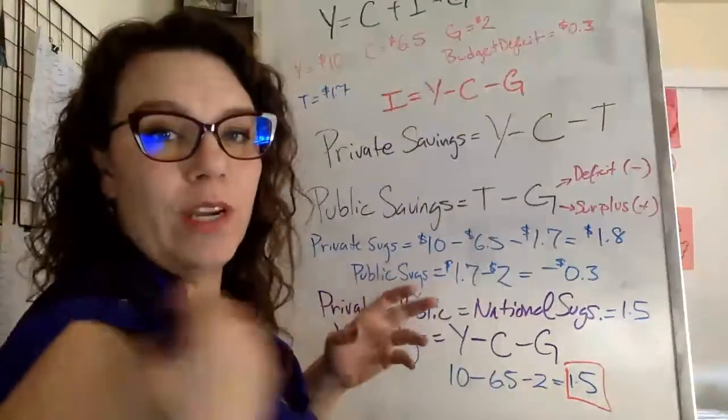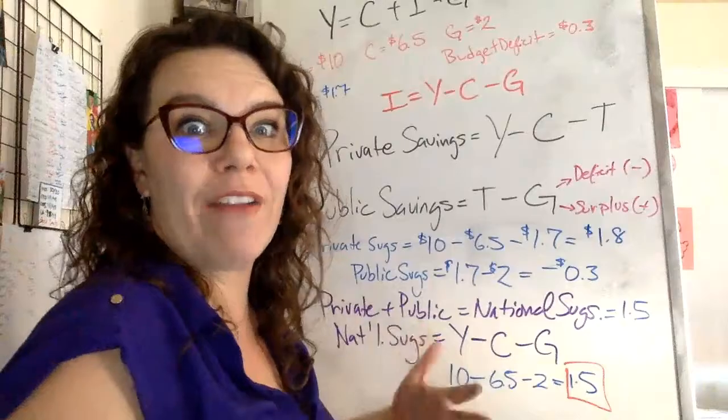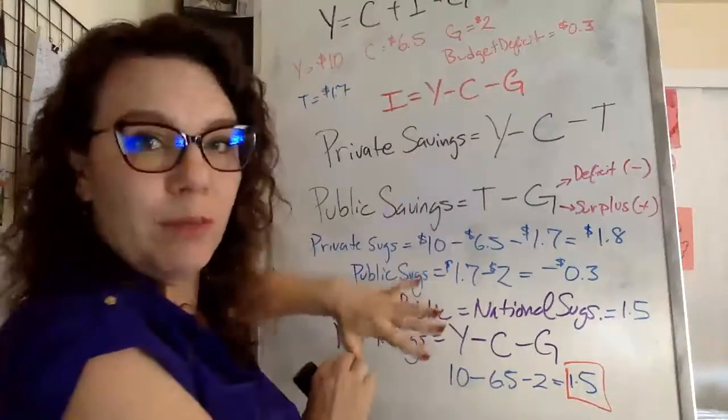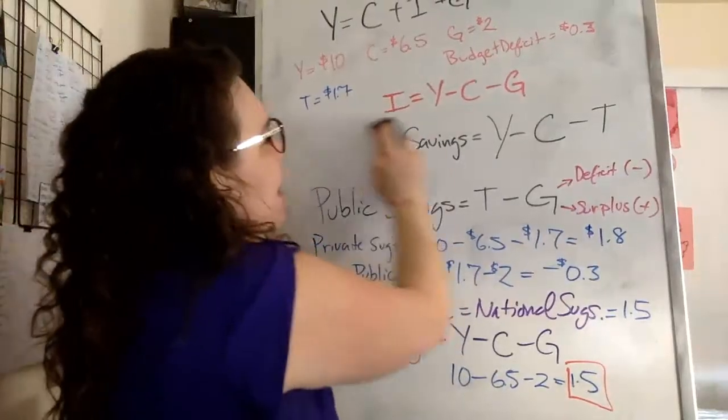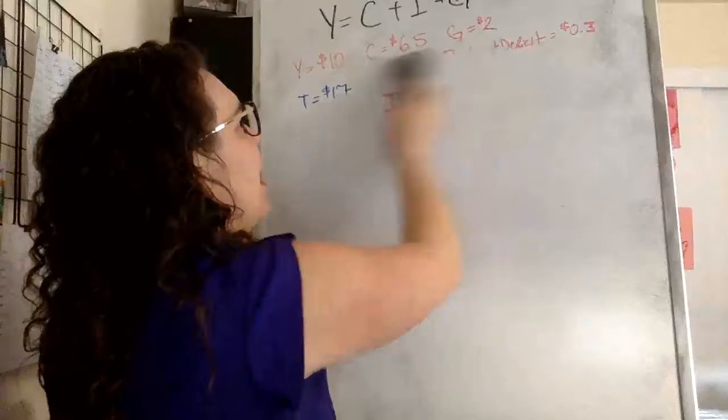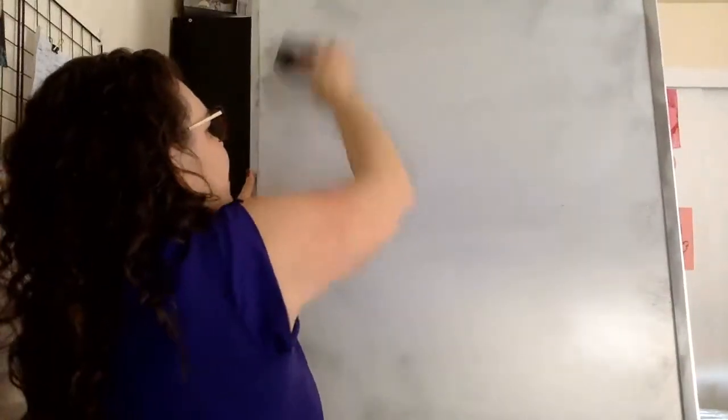The next thing we want to do in part 2 is graph the market for loanable funds. And so, you have all of your numbers now written down. So we can go ahead and take this away and focus on our graph. And this graph doesn't have to be perfect.